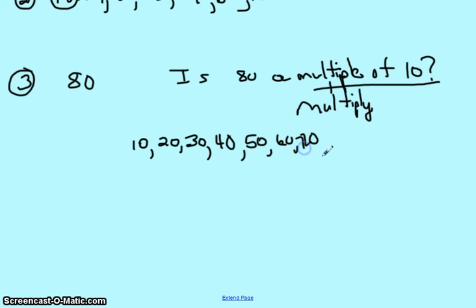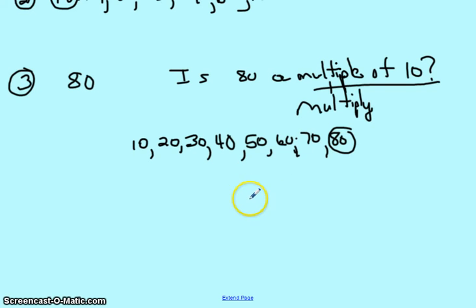Oh, that's not a very good 7. 70. And 80. I'm going to have to correct that because that's bugging me. Let me rewrite that. So 80 is a multiple of 10. So you should be able to do that.